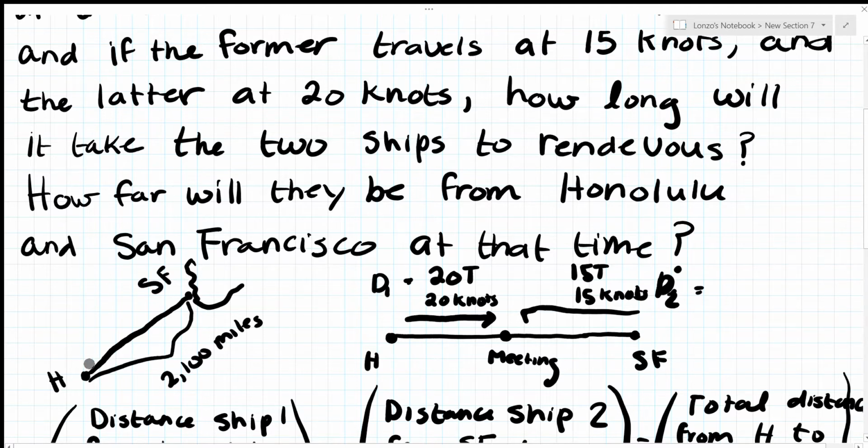And then from this distance, from ship 1, it's 1200 miles. And then ship 2 is going to have 900 miles. So the one with the less speed has less miles, and the one with the highest speed, ship 1, has 1200 miles. So that's kind of strange.